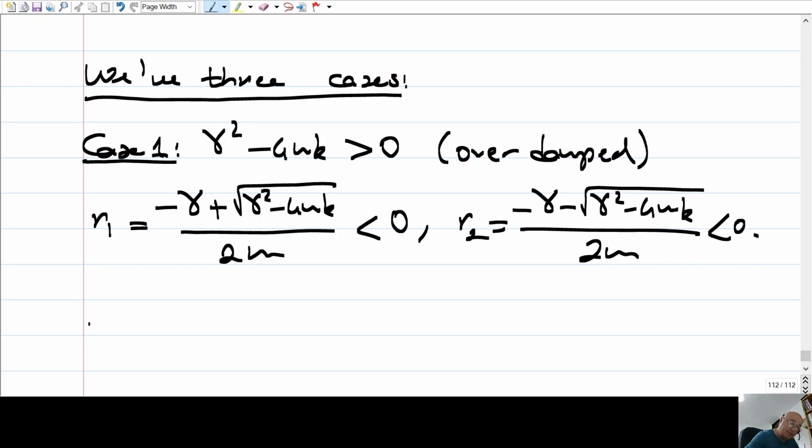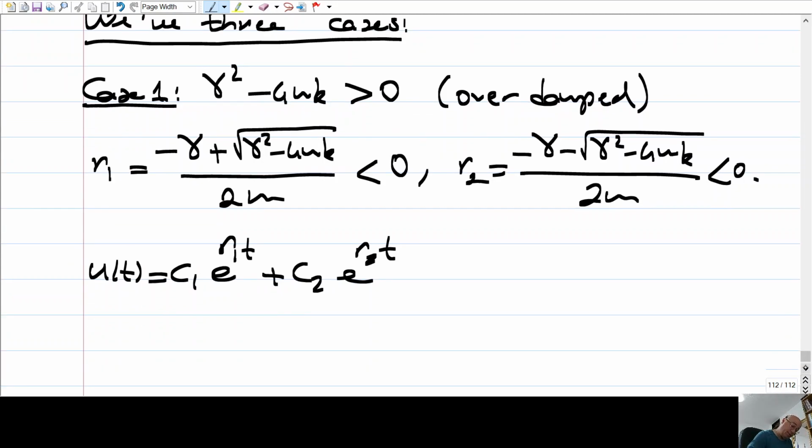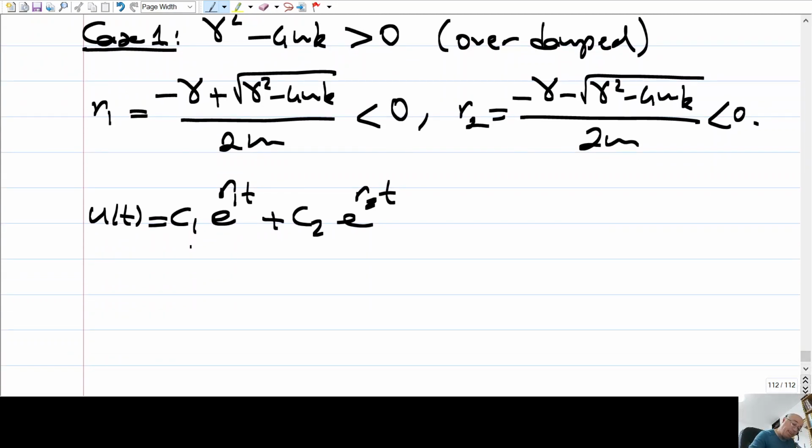And in this case, u(t) will be what? C1 times e to the power R1 t, plus C2 times e to the power R2 t. And both of them are negative numbers. And if you have, let's say, initial conditions, u(0) equals u0, u prime(0) equals u prime 0.